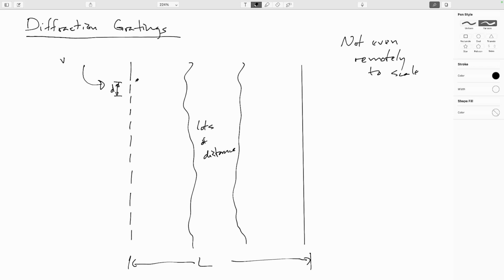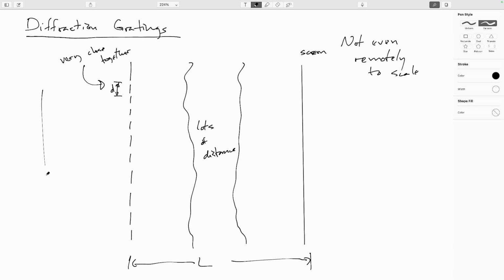So you have a whole bunch of slits spaced very close together, which makes d incredibly small. And out here is my screen.